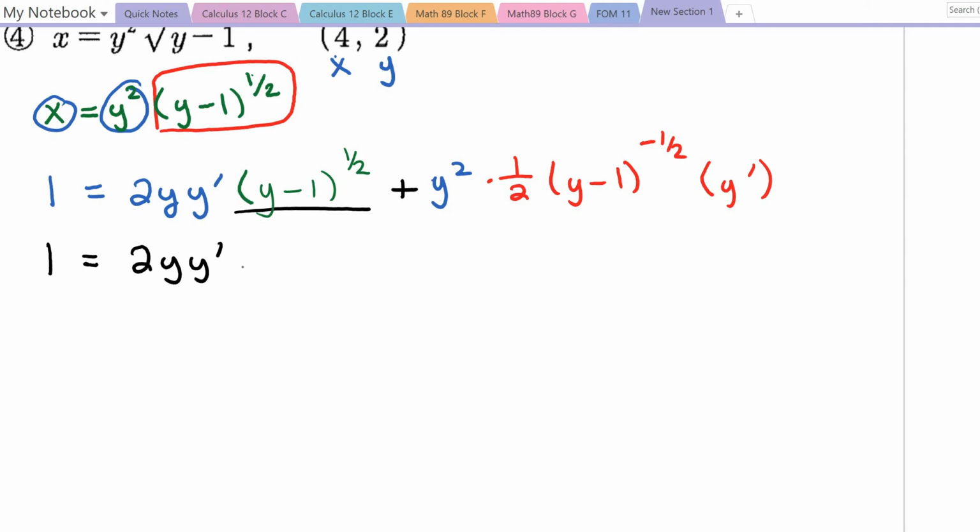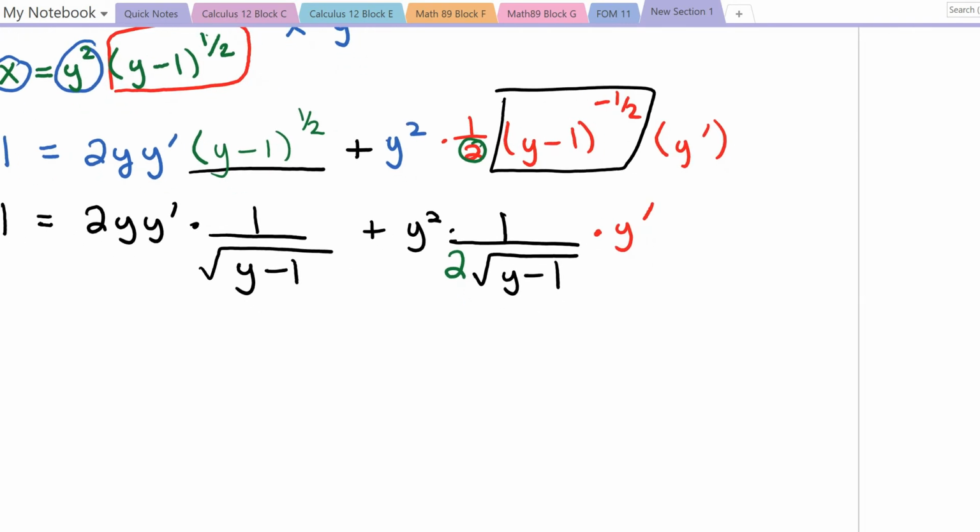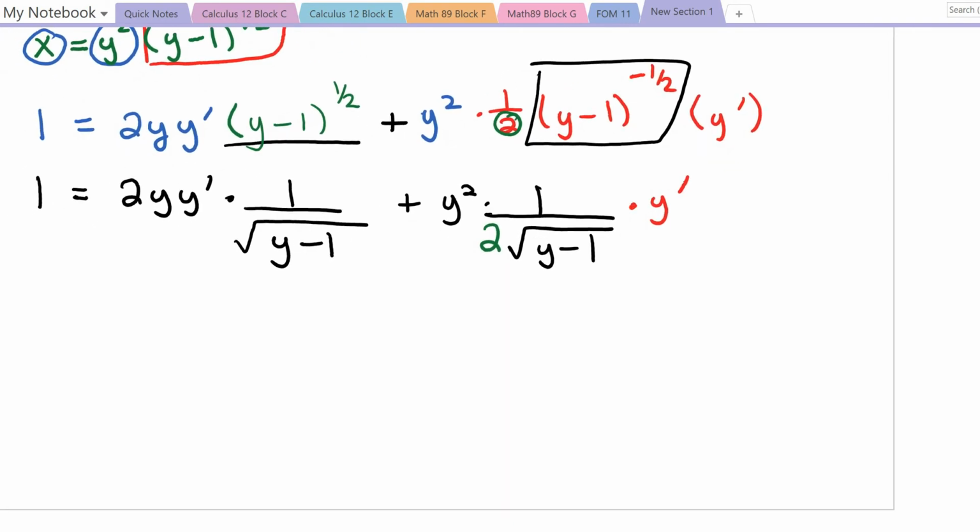So this part right here would be 1 over the square root of y minus 1, plus y squared times 1 over the square root of y minus 1, and then there's a 2 here that would be parked outside, and I have a y prime at the very end. It definitely helps to change all the powers back into radicals, and then we can plug in our values for y.